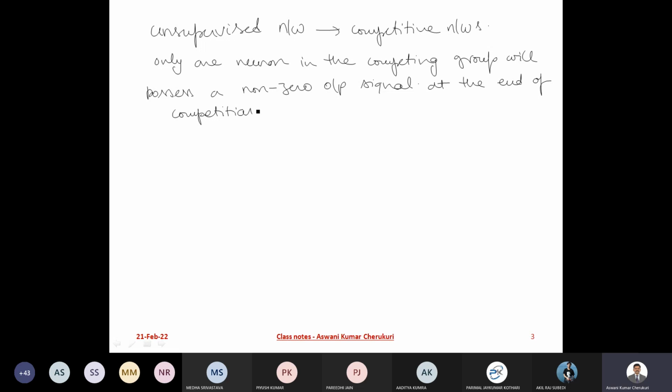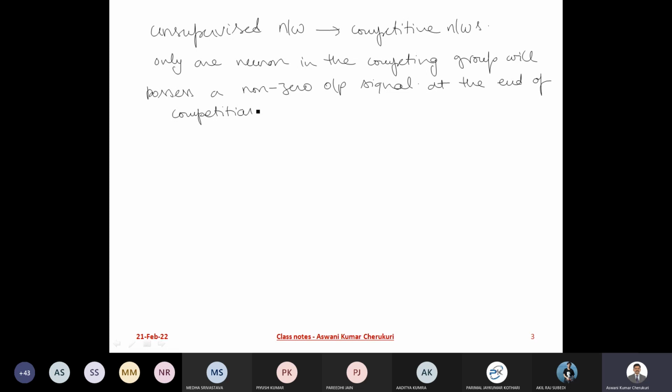Is that only one neuron? Again, it depends upon the network. Take an example, you have a self-organizing network such as the Kohonen self-organizing map. It's not only the one neuron, you can even decide or fix the radius.